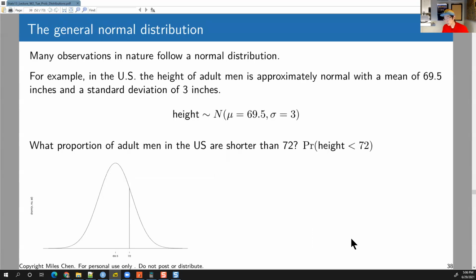All right, so what we want to do is generalize the standard normal distribution to other normal distributions where we might not necessarily have a mean of 0 and a standard deviation of 1.